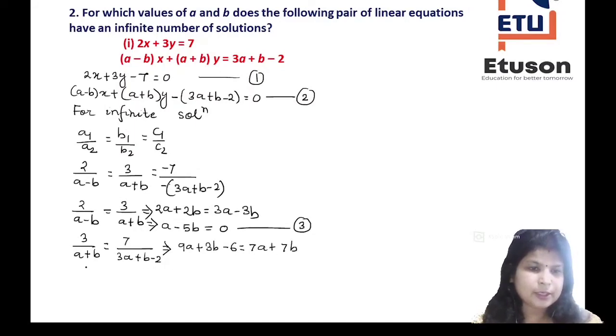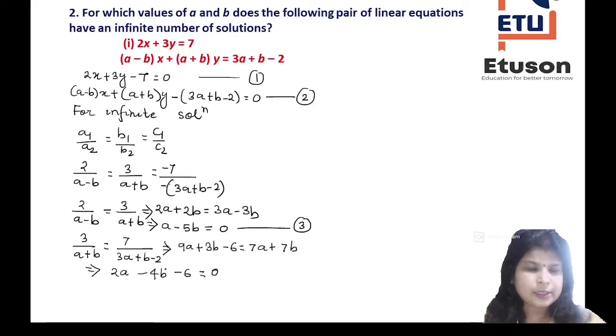What is your final equation? 9a minus 7a, that is 2a, right? 3b minus 7b, that is minus 4b, minus 6 is equal to 0.